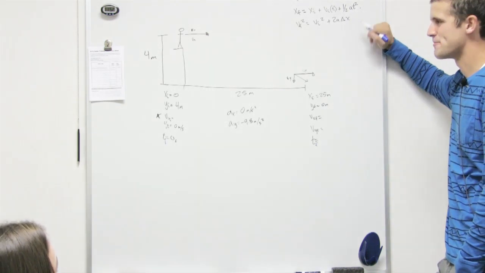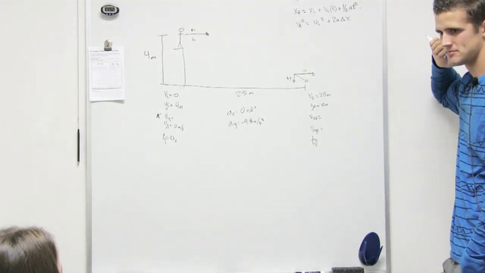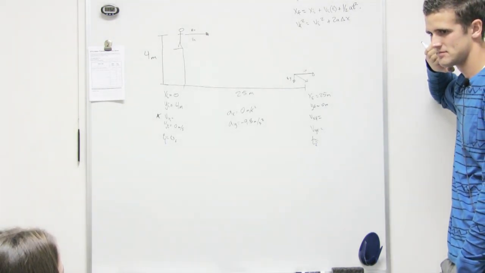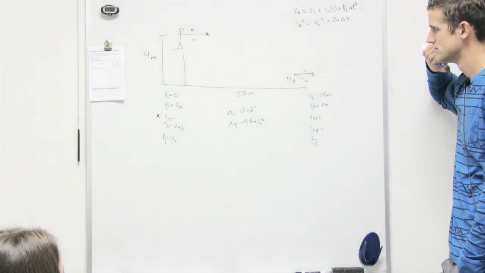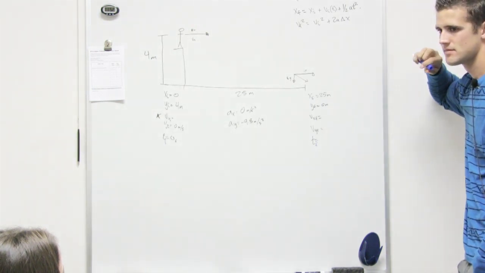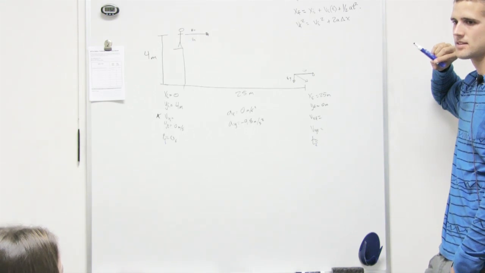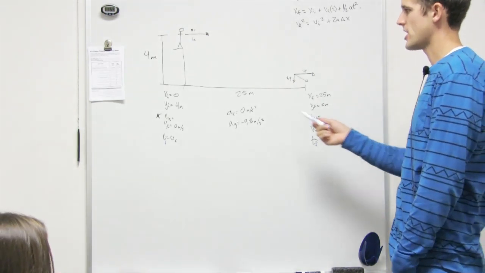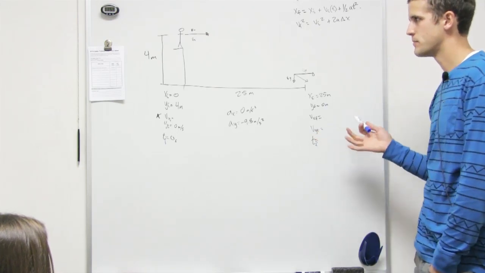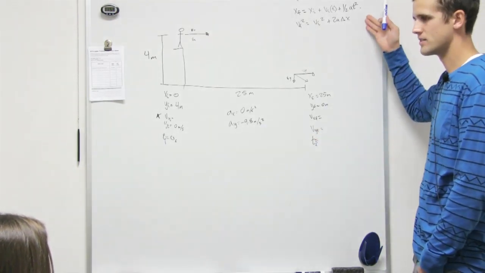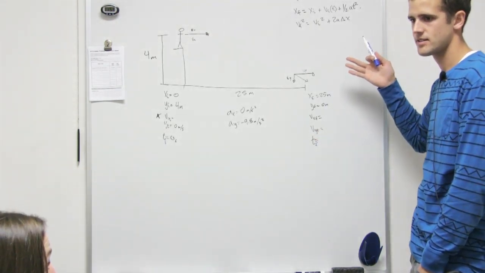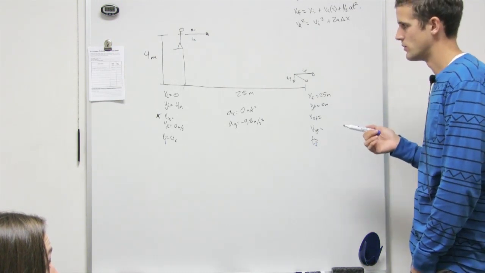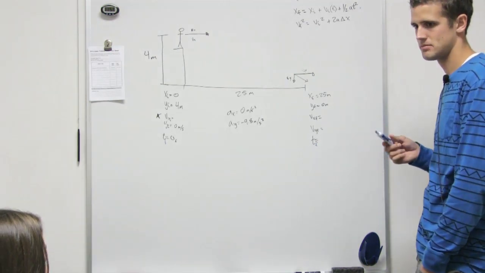What can we do to find time? I don't know. Is there another formula for time? Well, we've kind of exhausted, right? We've basically found out, well, we can't just find it with just our x. So what other information do we know?